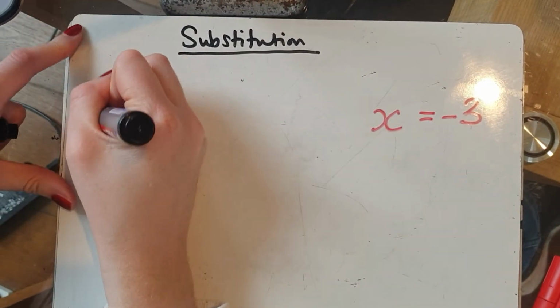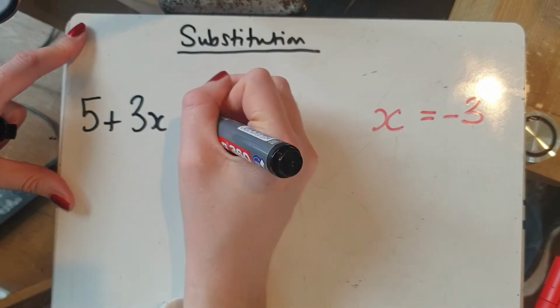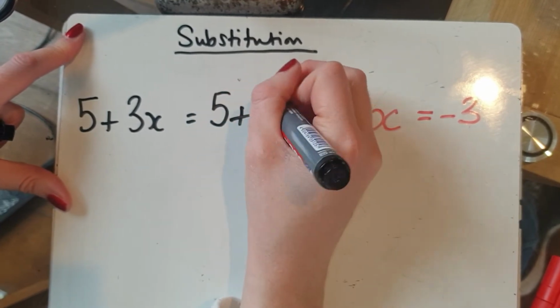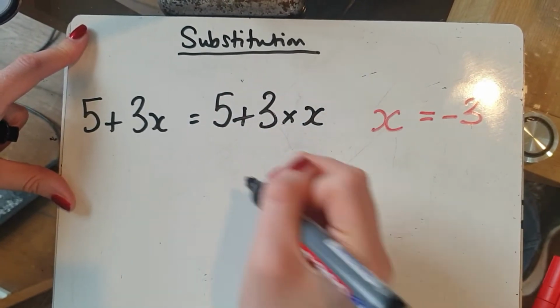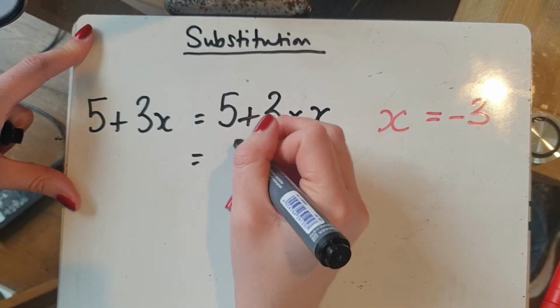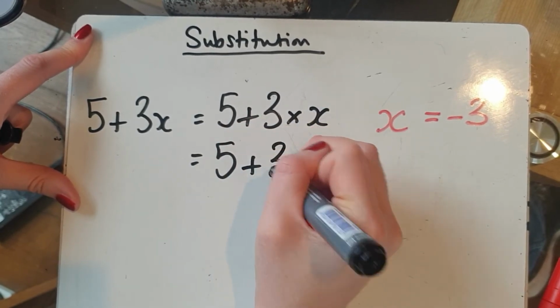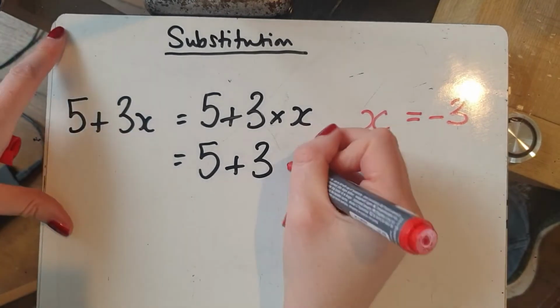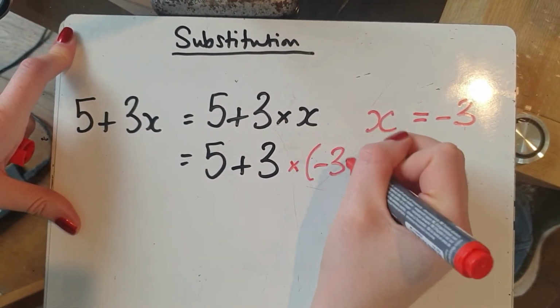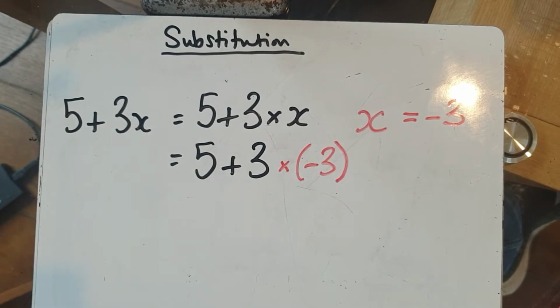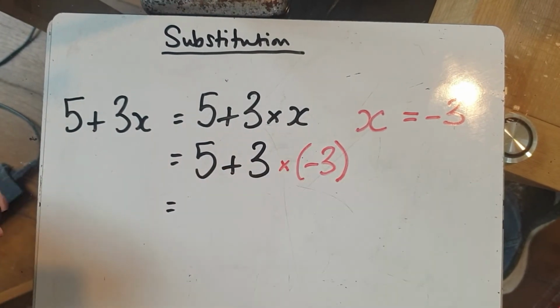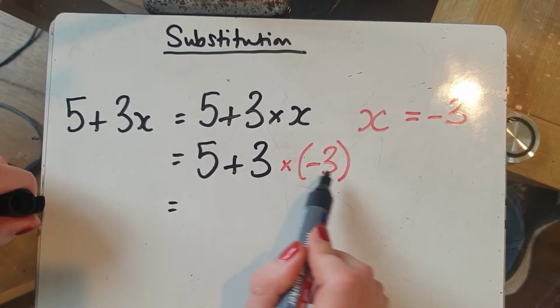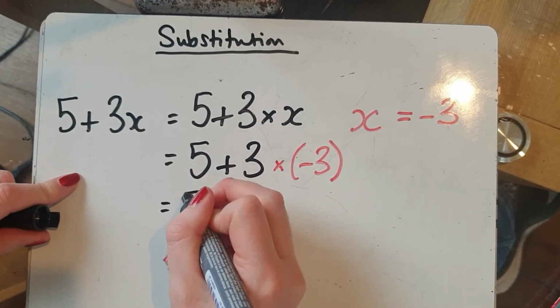So 5 plus 3x is 5 plus 3 times x. So I'm going to have 5 plus 3 times negative 3. Because it's order of operations, I do the multiplication first.